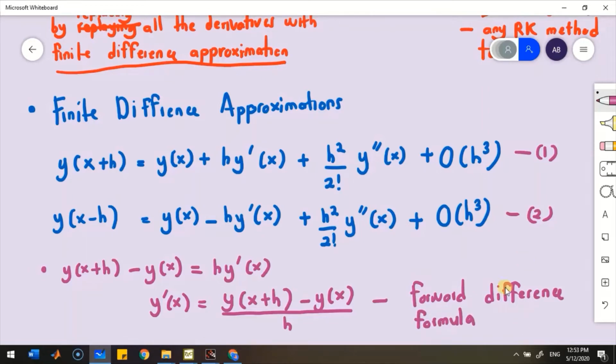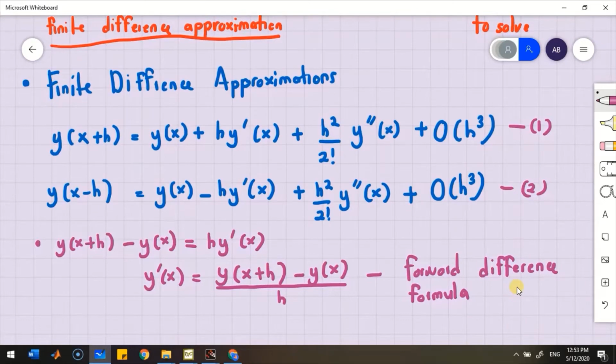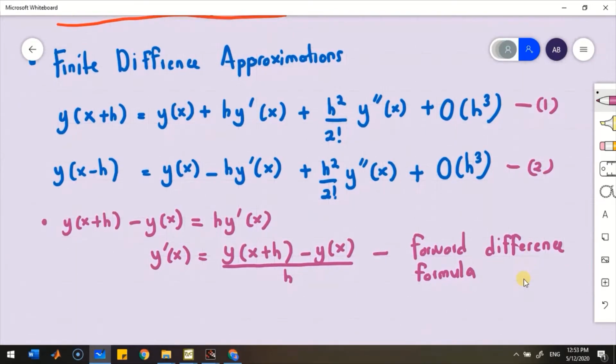Now looking at equation number 2. Similarly, if I do y(x+h) - y(x) = -h y'(x).